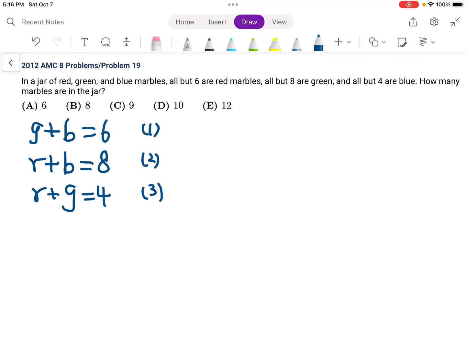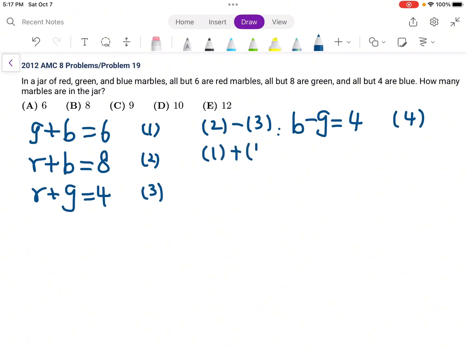Now we use equation 2 subtract equation 3. We get b subtract g equals 4. And we assume this is equation 4. And we use equation 1 plus equation 4 on both sides. And that gives us 2b equals 10, which means b equals 5.